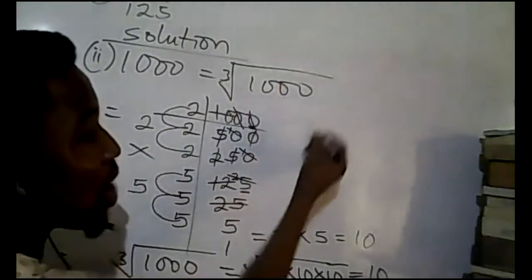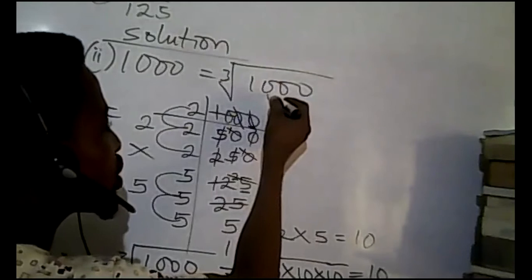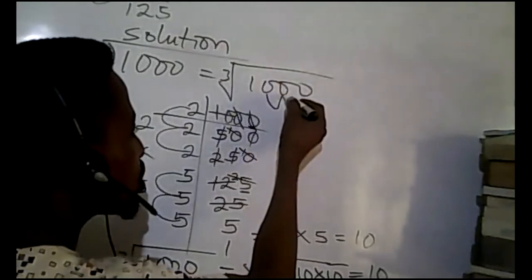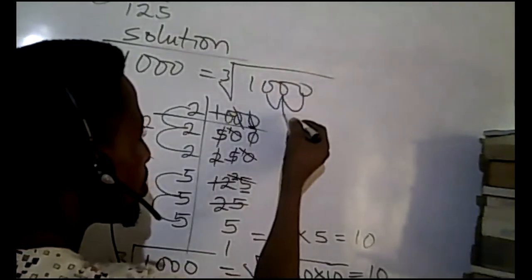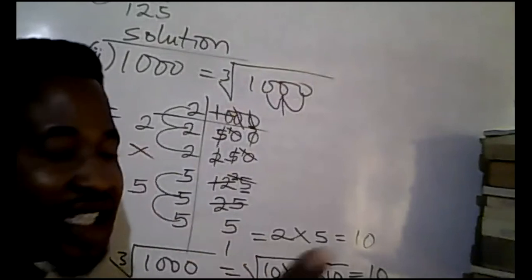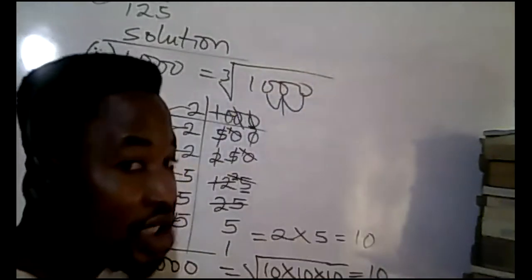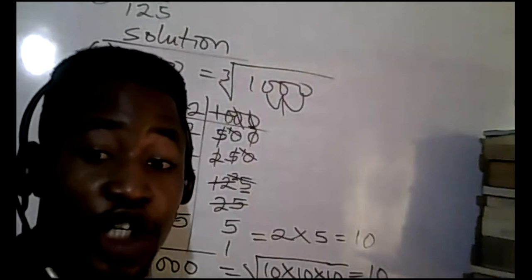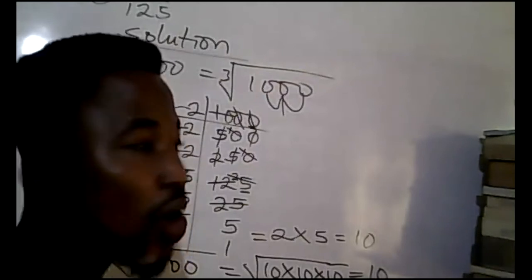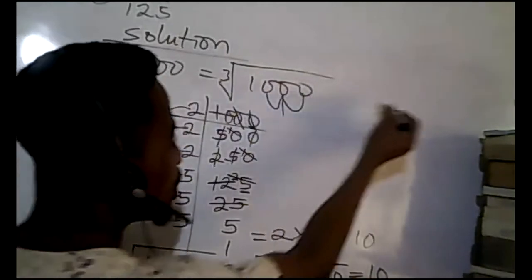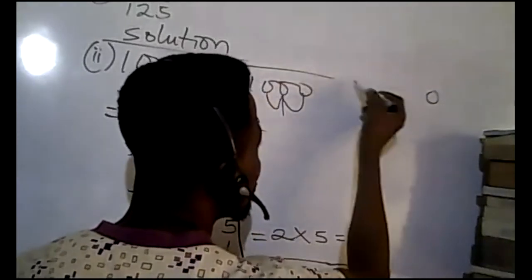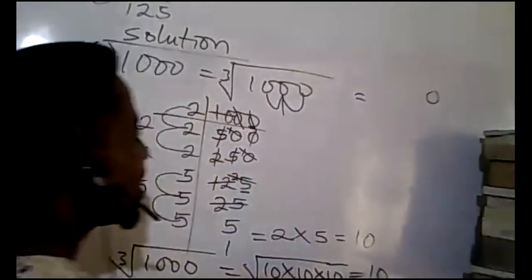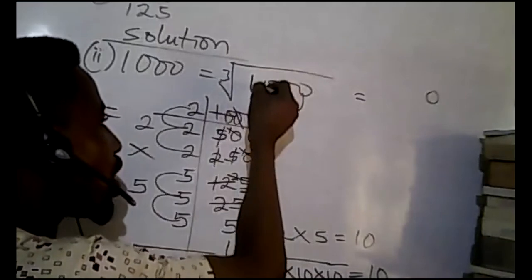How many zeros do you have here? 3. Group the 3 zeros together. 1, 2, and 3. Now look for the cube root of that 0. What is the cube root of these 3 zeros? It is 0. Okay? Now, what is the cube root of 1?